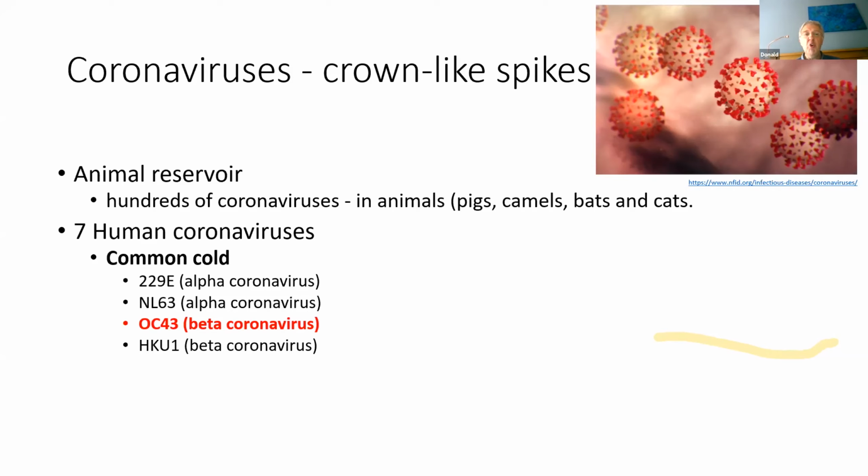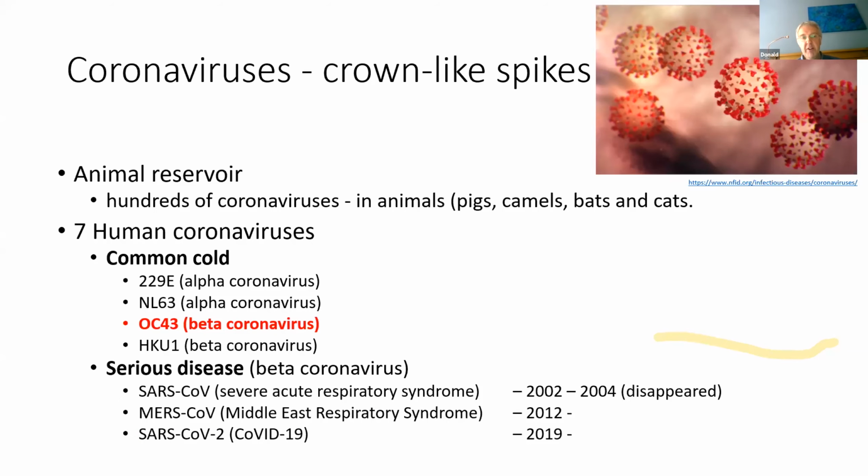Of common colds, 50% are caused by rhinovirus, but the other 50% are caused by 8 or 9 different viruses, 4 of them being the coronavirus. However, there have been 3 coronaviruses in the last 20 years that have caused serious disease in humans. As you notice, they are all beta coronaviruses, similar to the OC43 that we have as a common cold.